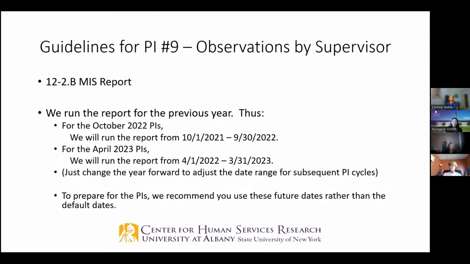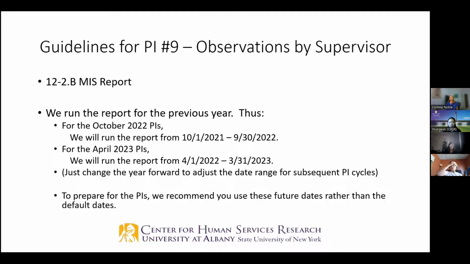So we run them, as I said, twice a year. For the October 2022 PI, you're going to run the report from October 1st, 2021 to September 30th, 2022. And if you want to start looking at the April PIs and organizing your tasks for then, you will run the report from April 1st, 2022 to March 31st, 2023.